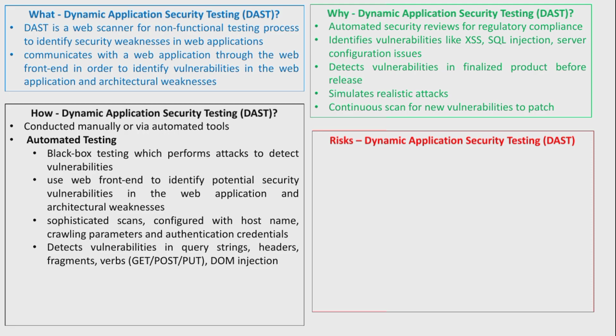In DOM injection, a hacker can build a malicious URL and place that URL on any web application. Once a visitor visits that URL, a malicious script will be executed in the web browser of the user.